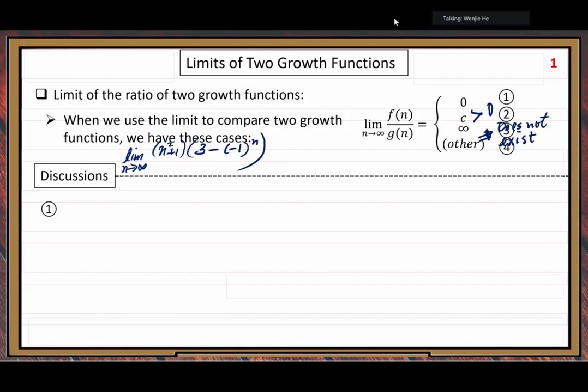The g function is (n squared minus 1) times (4 plus (-1) to the n). Now we want to see if the limit of this ratio exists or not.